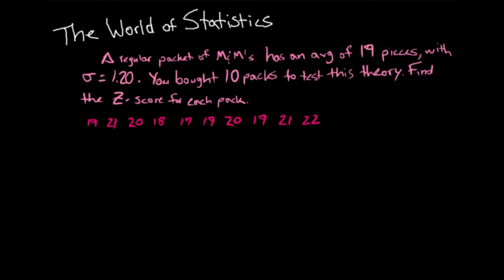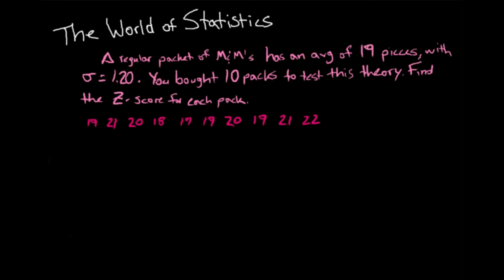We are looking at M&Ms. A regular pack of M&Ms has an average of 19 pieces with a standard deviation of 1.2 pieces. Out of curiosity, you bought 10 packs to test this theory. Let's find the z-score for each pack. Before we do that, what do we need?